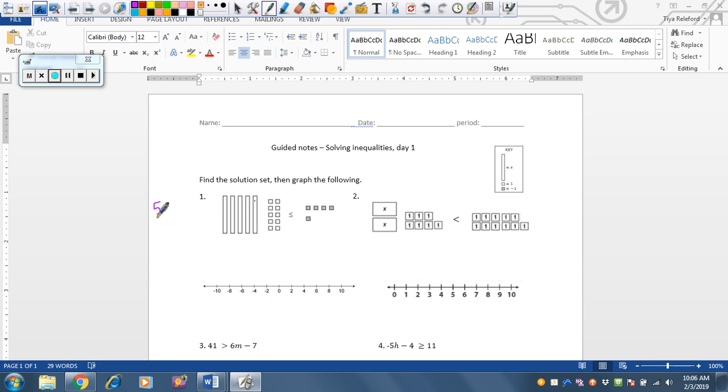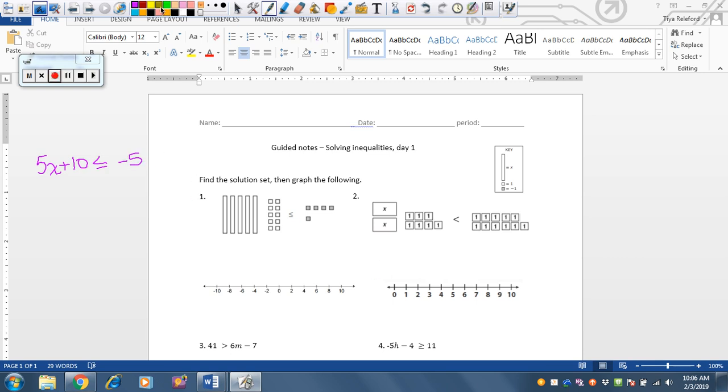You have 5x plus 1, 2, 3, 4, 5, 6, 7, 8, 9, 10 is less than or equal to 1, 2, 3, 4, 5, negative 5. It's not too hard to read down there. 5x plus 10 is less than or equal to negative 5.